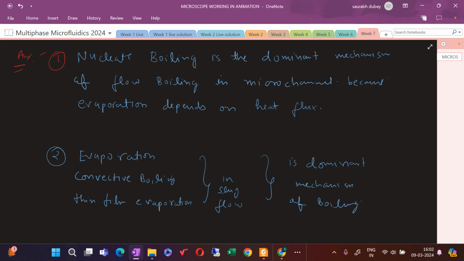This dominates when the heat transfer coefficient increases with increasing mass flux and vapor quality, but is independent of the heat flux. So that is the inference, that the convective one dominates.